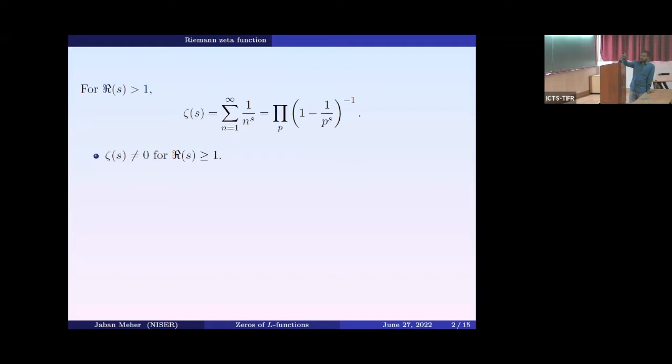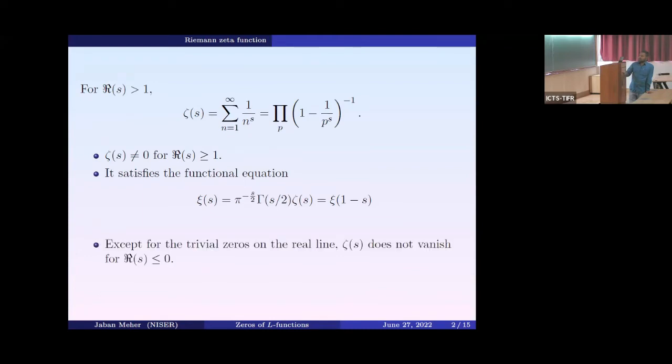In fact, real part of s exactly equal to 1 gives you the prime number theorem. And it also satisfies a functional equation. So s is related to 1 minus s with some gamma factor and pi factor.